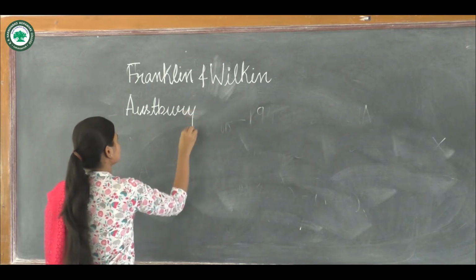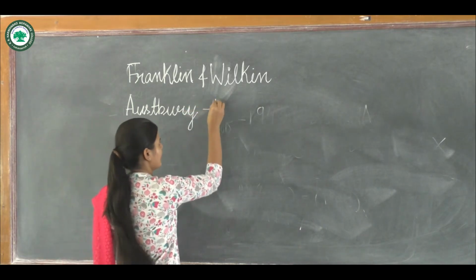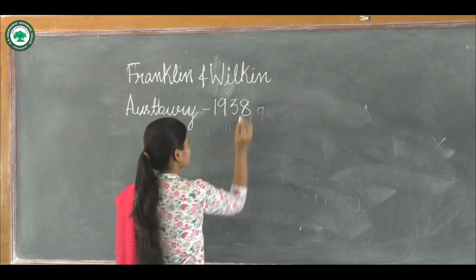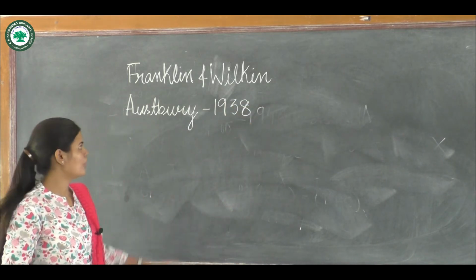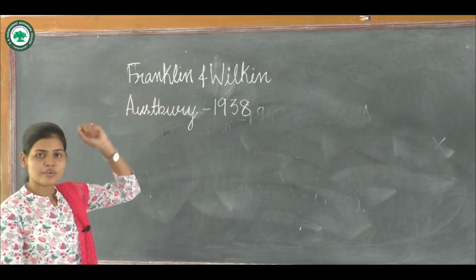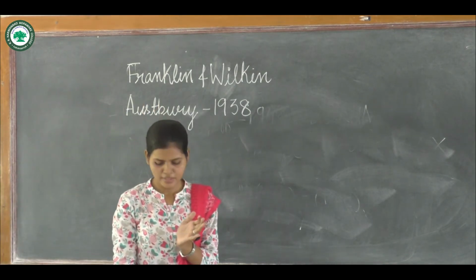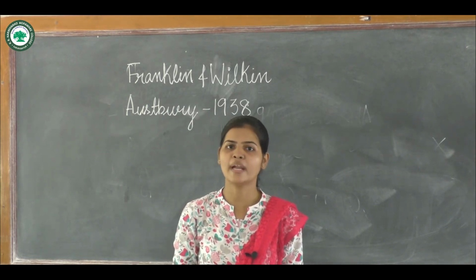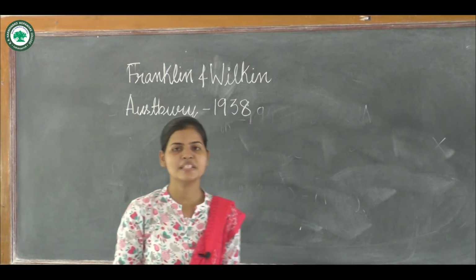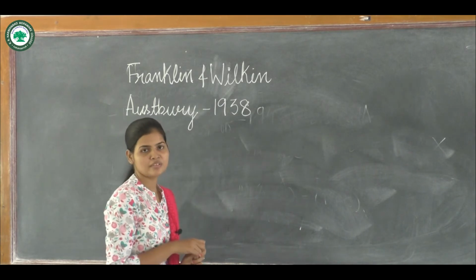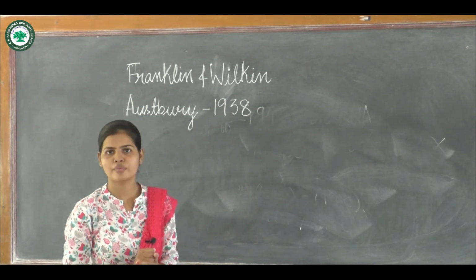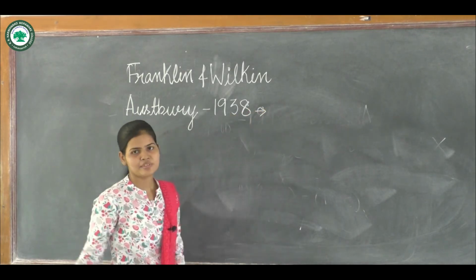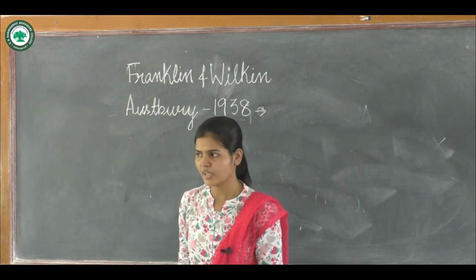Firstly, for this experiment we will see the name of a scientist, Astbury, in 1938. He was the first scientist who had the idea that DNA has a three-dimensional structure.